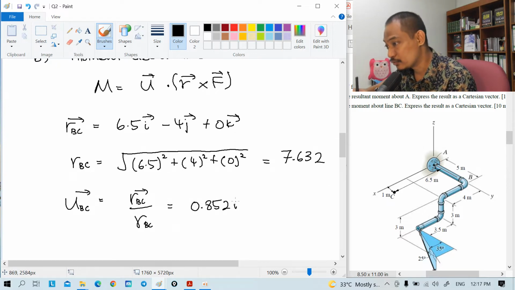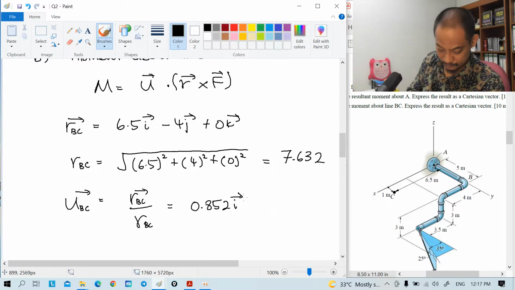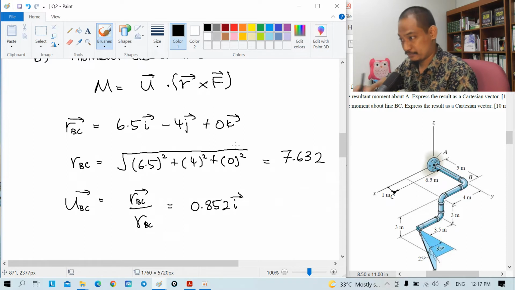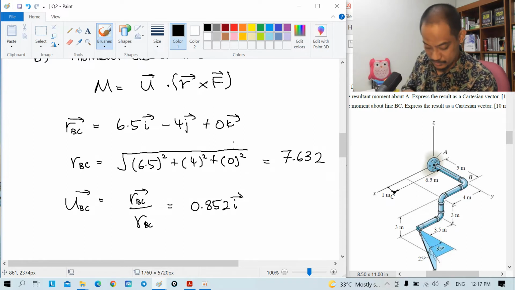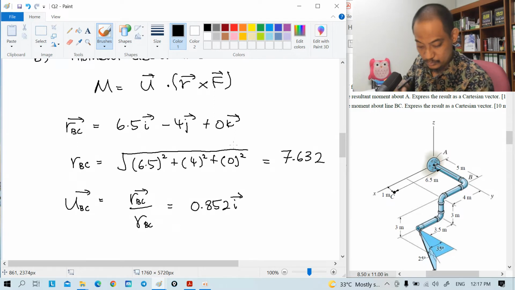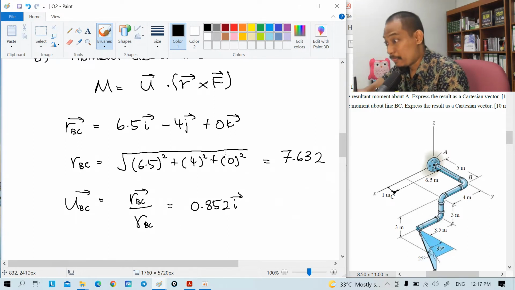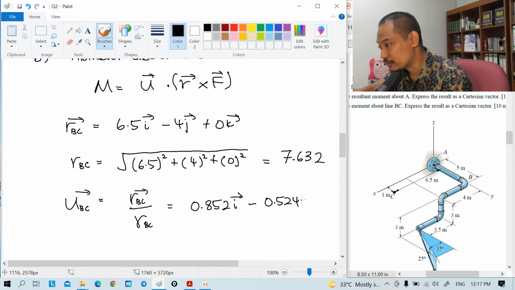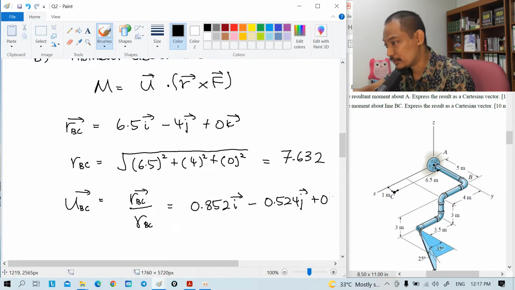0.852 i. Then 4 divided by 7.632, minus 0.524 j plus 0 k.